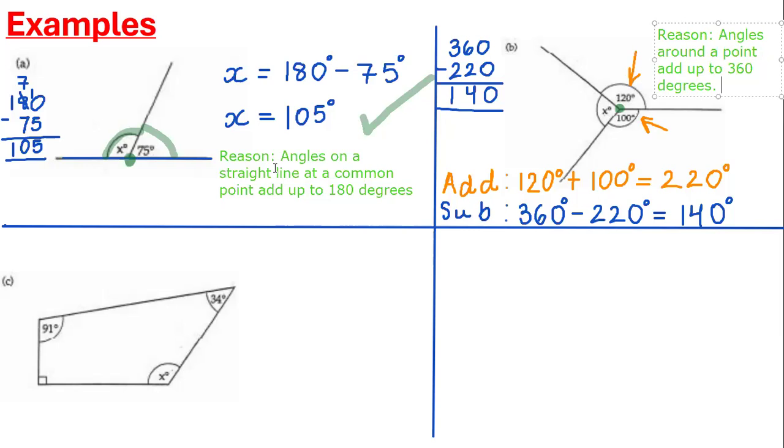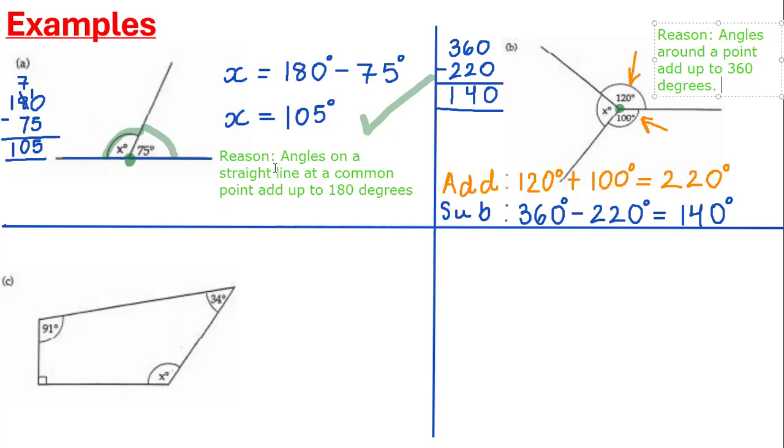Liliana, why is the answer 140 degrees for B? Because angles around a point add up to 360. Walk me through how we got our answer for B. First you take 120 and you add it to 100, so that gets you 220.